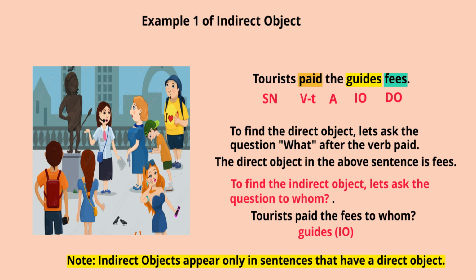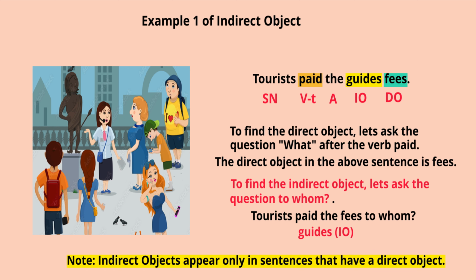So what is the verb in the sentence? Tourists paid. Paid is the verb. So we need to ask a question what. To find the direct object, we ask tourists paid what? The answer is fees. So fees would be the direct object.